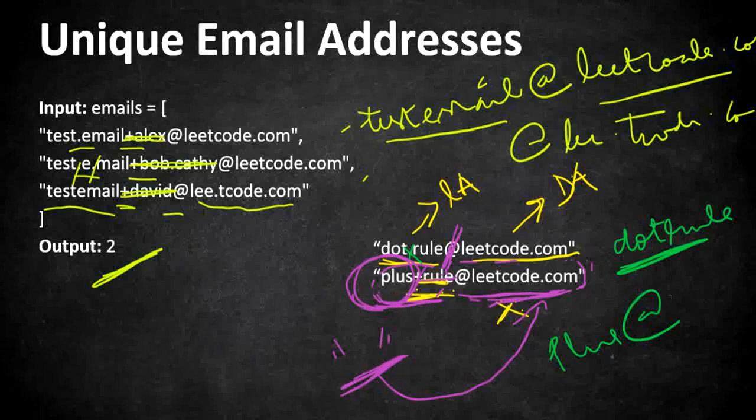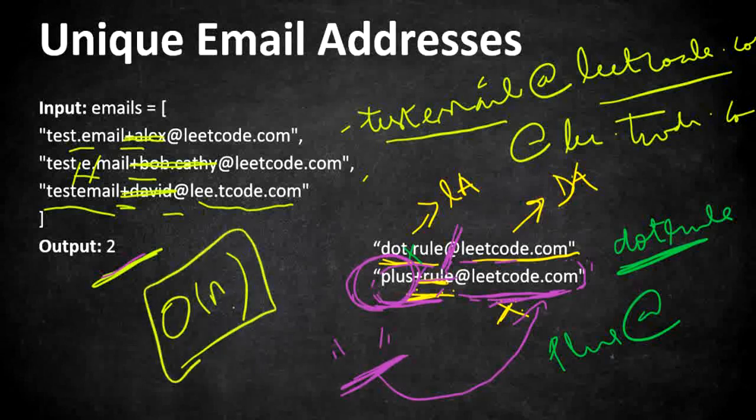We save the results in a set, and the set will have the unique values. Finally, the size of the set will be our output. This is going to take O(n) time and O(n) space complexity, as we store them in a set and process the number of email addresses given in the input string array.